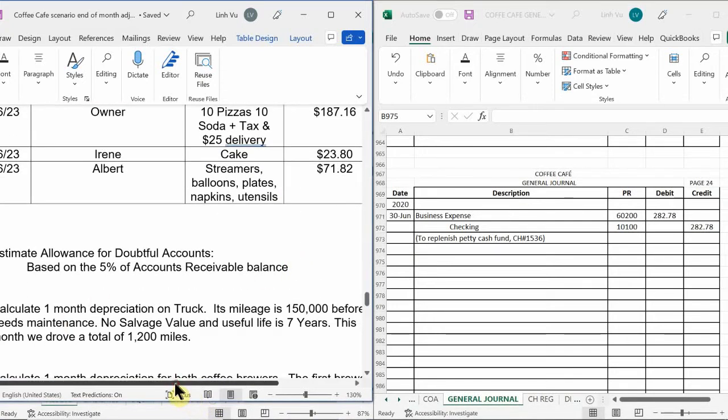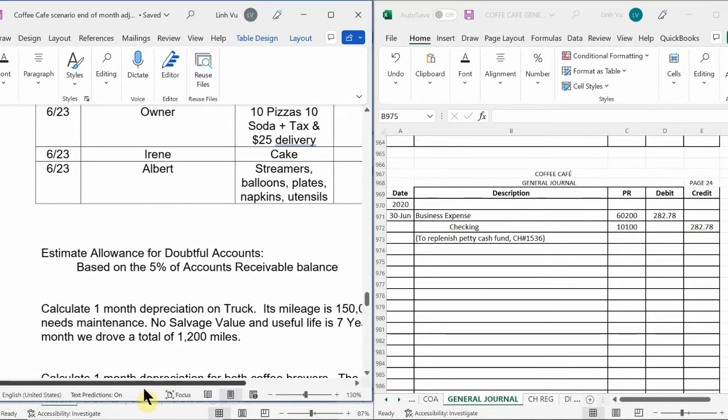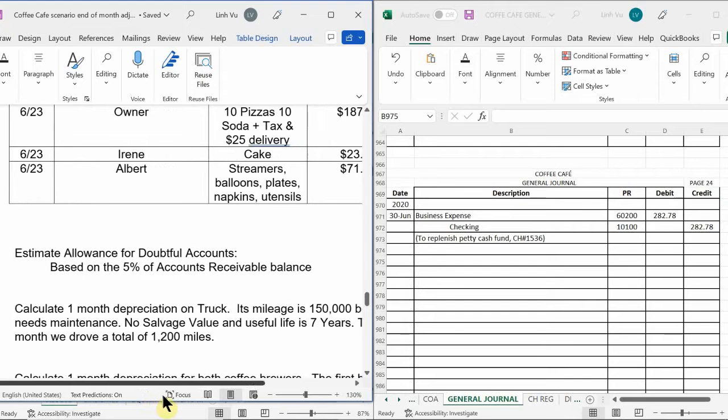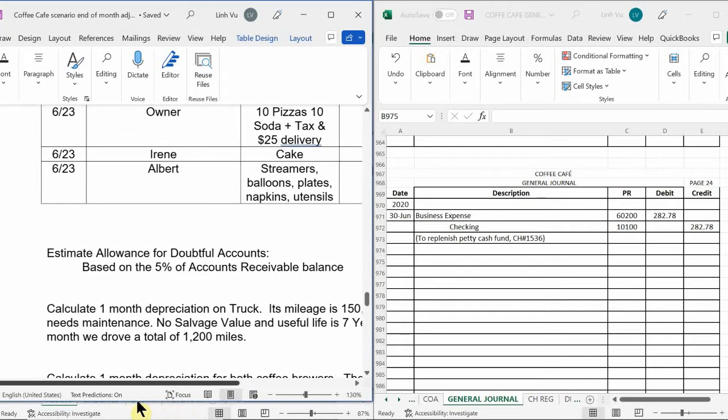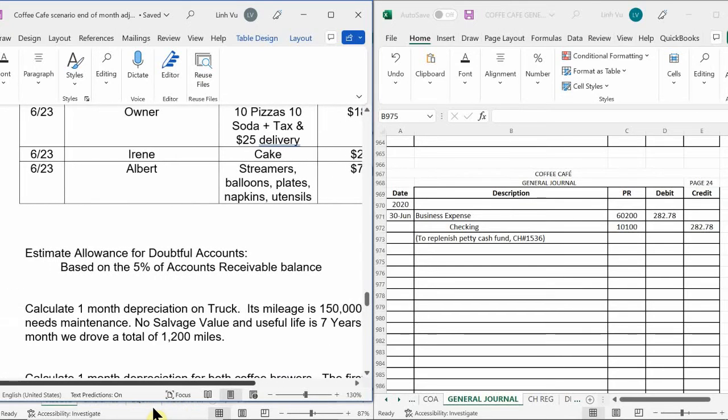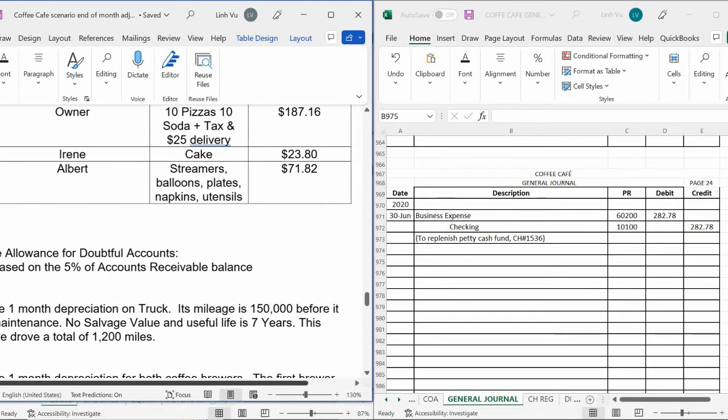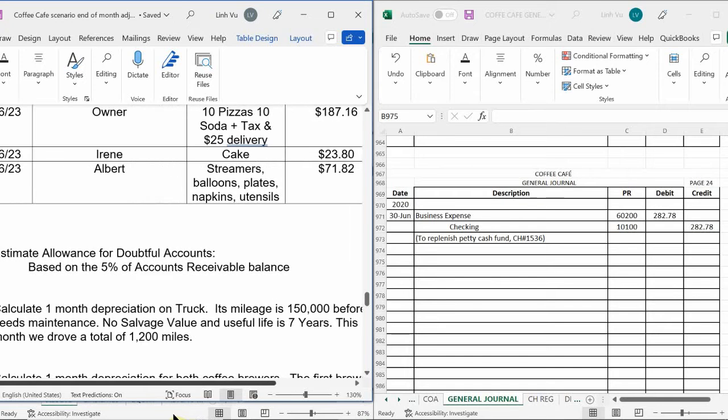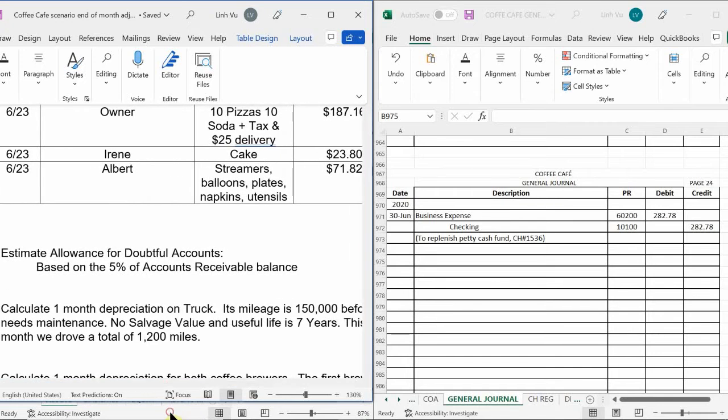Now it says here that you're going to estimate the allowance for doubtful accounts, okay, based on 5% of accounts receivable balance. So, what does that even mean? If you're estimating 5% of the accounts receivable balance.